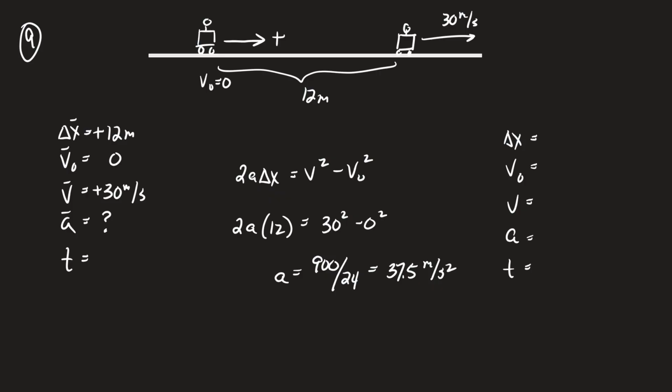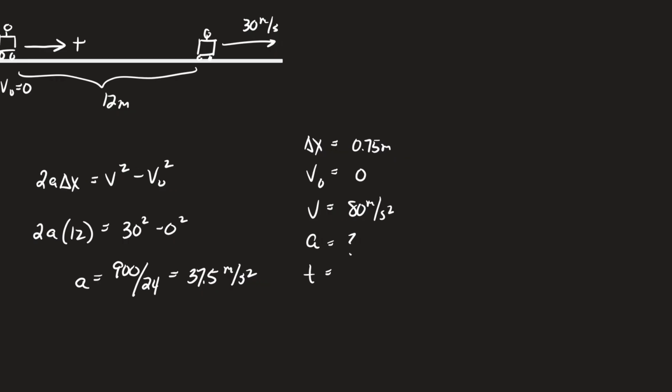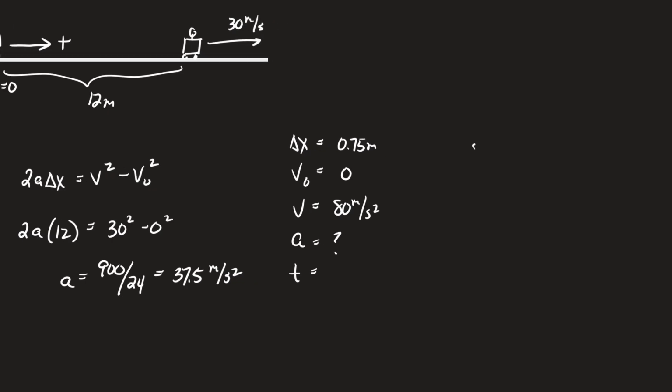So delta x, 0.75 meters. Initial velocity 0, final velocity 80 meters per second. And again, I want the acceleration. So we're just repeating the same problem, but we'll figure it out here.